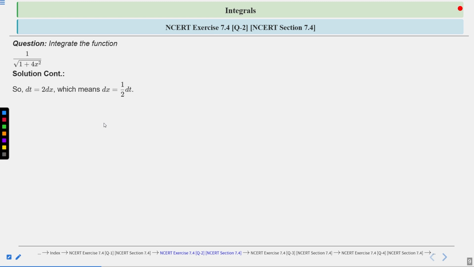So we can write dt is equal to 2 dx, which means dx is equal to 1 by 2 dt.